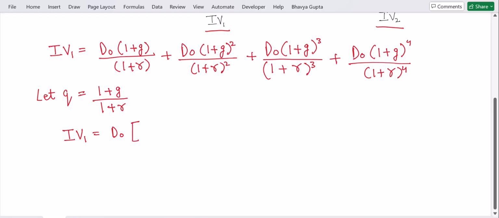This will be common. Then Q plus Q squared plus Q cube plus Q raised to power 4.